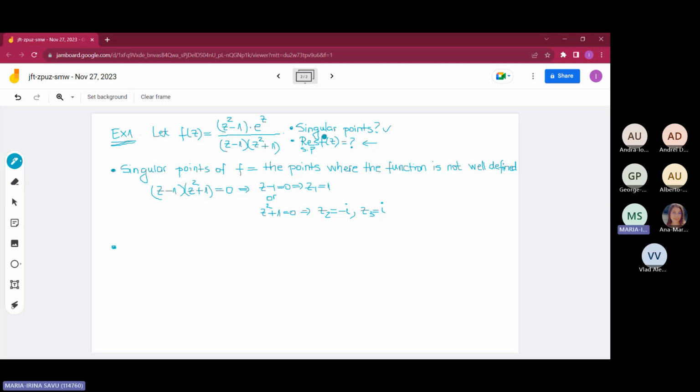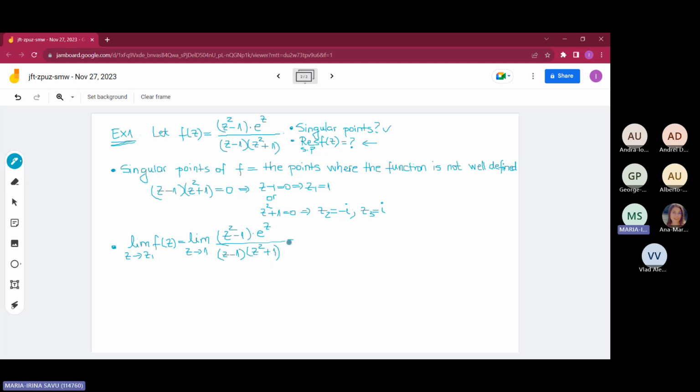In order to find this residue, first of all, we have to find what type of singular points z1, z2, and z3 are. So we have to compute the limit when z goes to z1 from f of z. So this is the limit when z goes to 1 from z squared minus 1 times e to the z over z minus 1 times z squared plus 1.